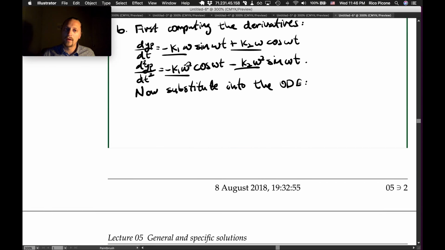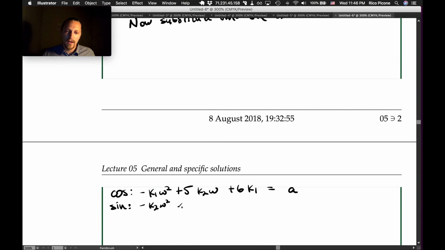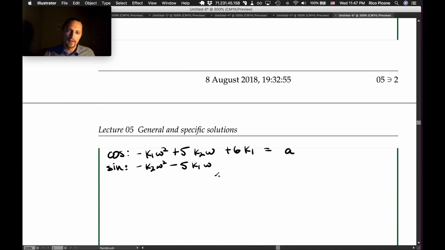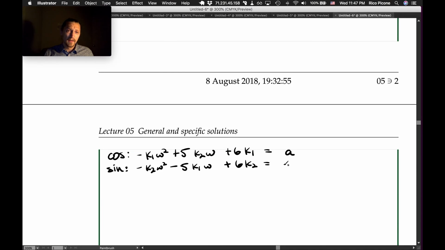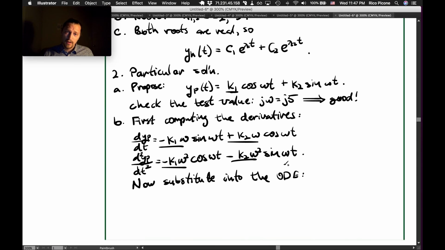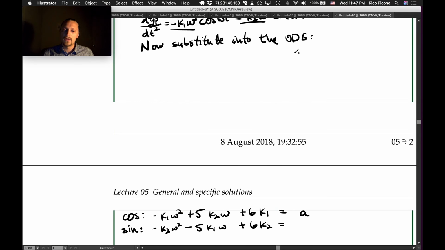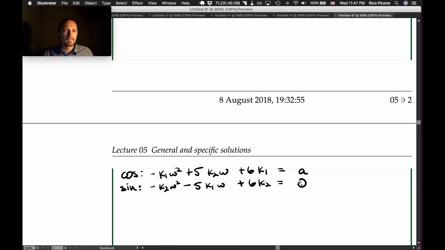Negative 5k1 omega, and then finally plus 6k2, right? And the forcing function, the right-hand side of the equation, has no sine term, so its coefficient is 0. So we set the left-hand side sine term equal to 0 because the right-hand side is 0.